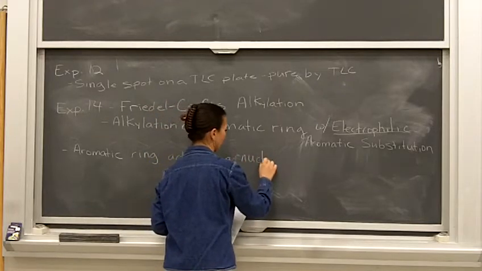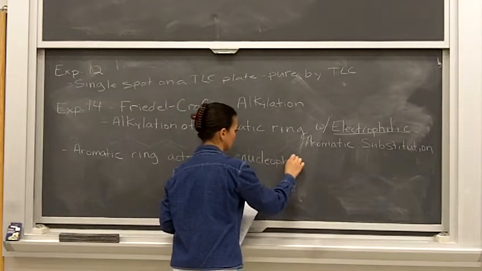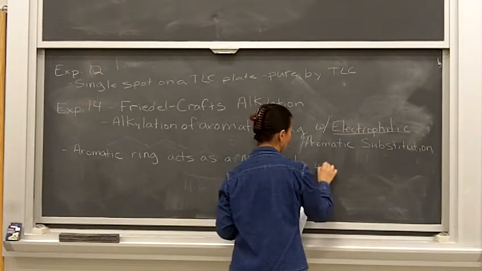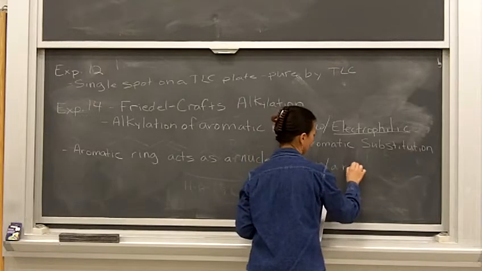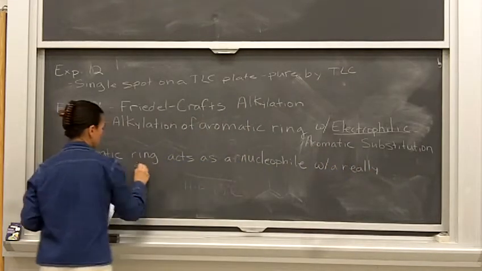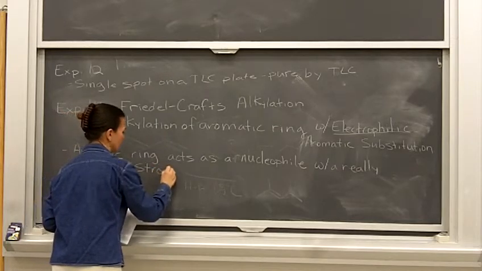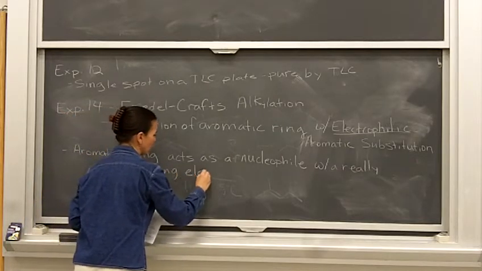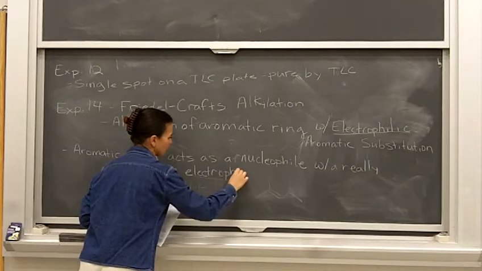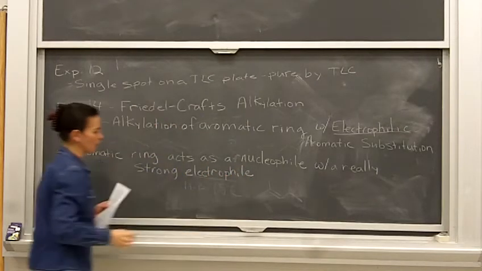So we've got the aromatic ring as our nucleophile in this case, but you need a really strong electrophile. So it won't just react with any old electrophile. You have to have something that is a really strong one.